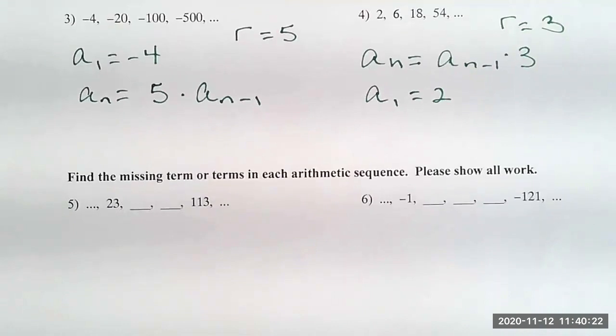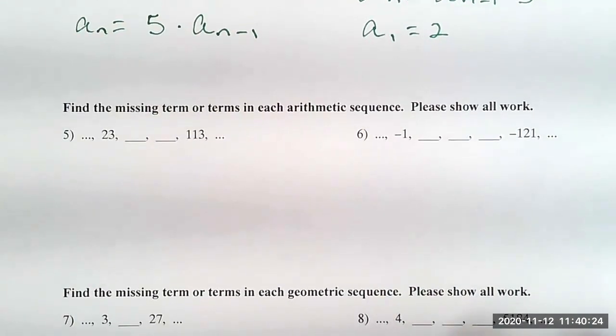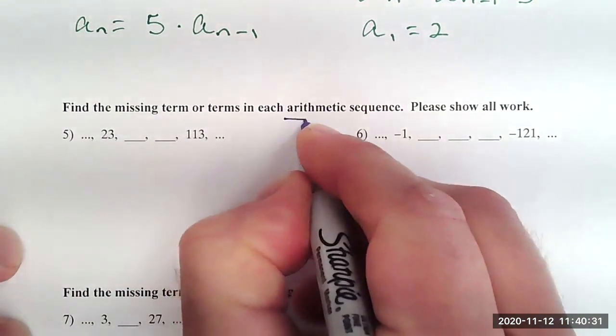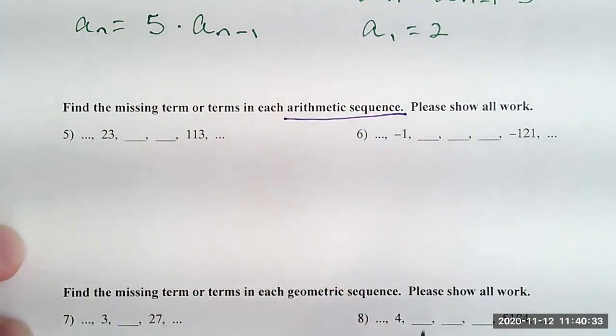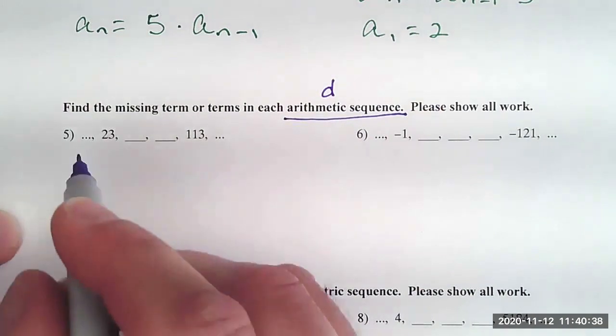How do I find missing terms in a sequence? Well, it clearly states that these are arithmetic sequences. So I'm looking for a common D, a difference.